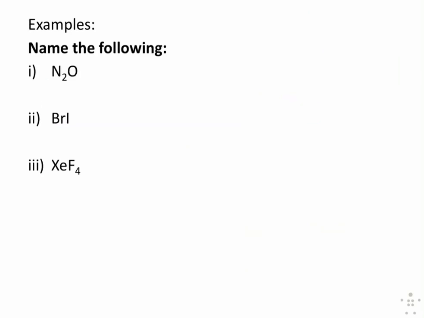Okay, now let's look at naming of molecular compounds using the formula. Works the same way. We have N, so we know we have a nitrogen. We have a 2, which tells us that it's dinitrogen.